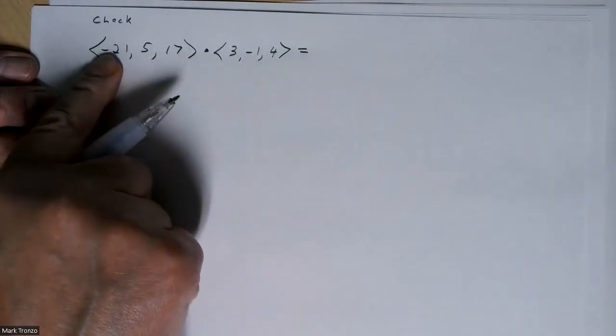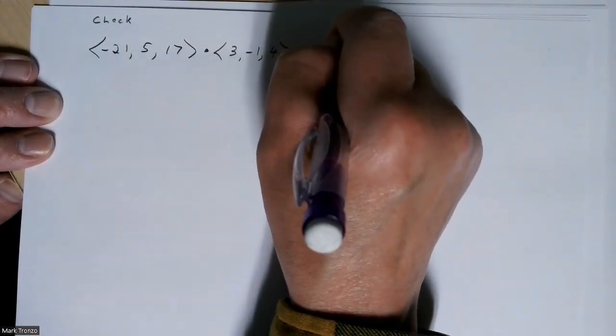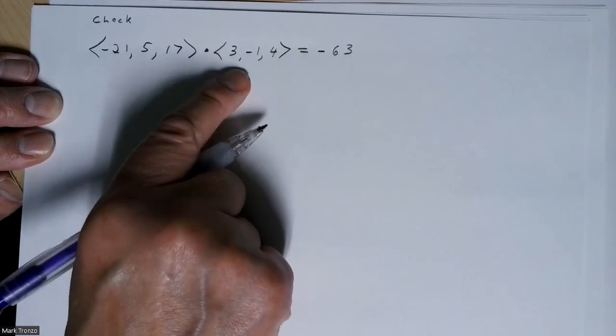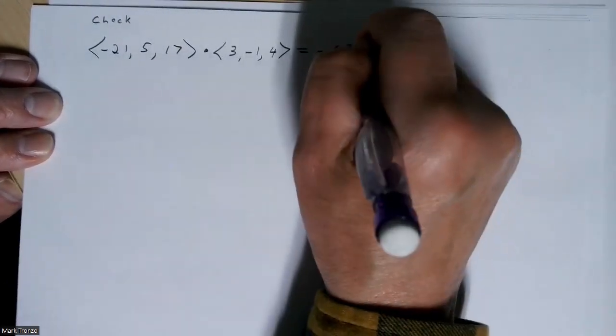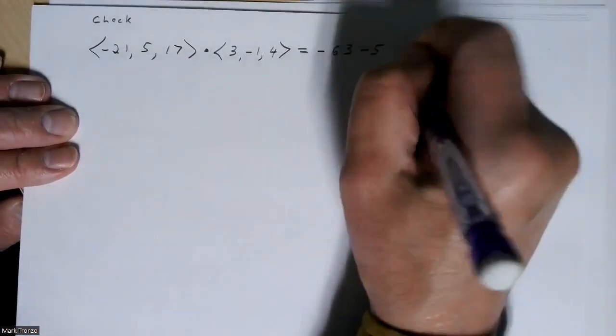So let's take 3 times -21. What's that? -63. 5 times -1 is -5. And 4 times 17, what's that? 68.